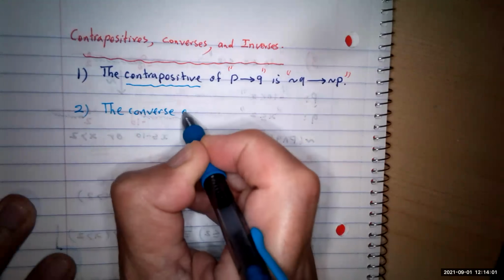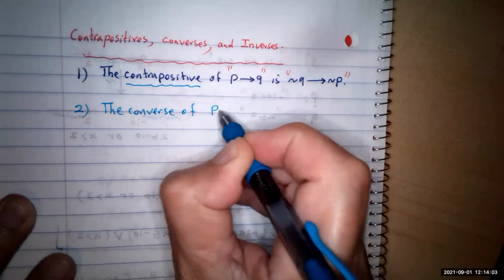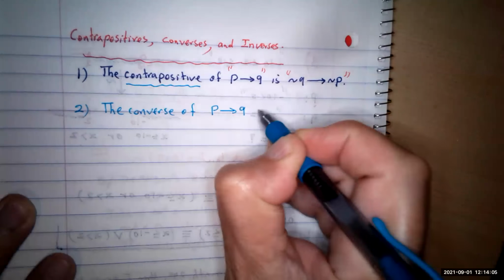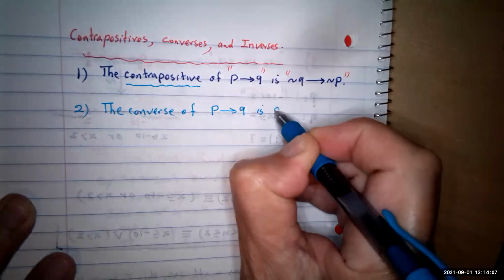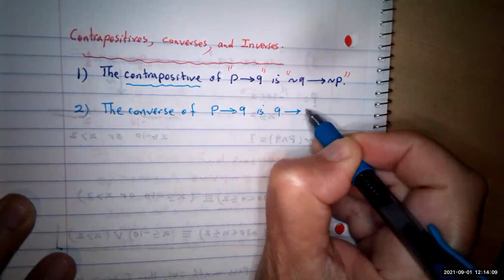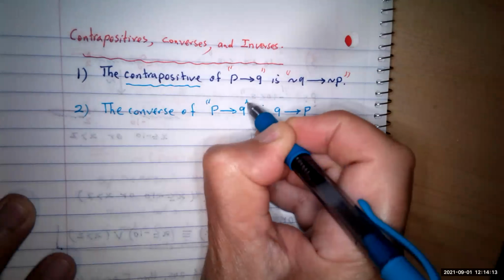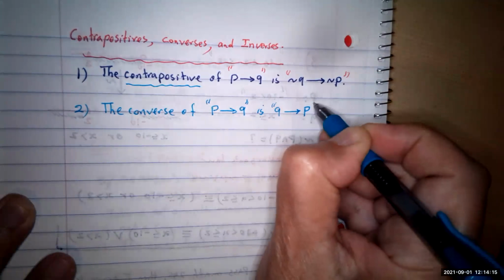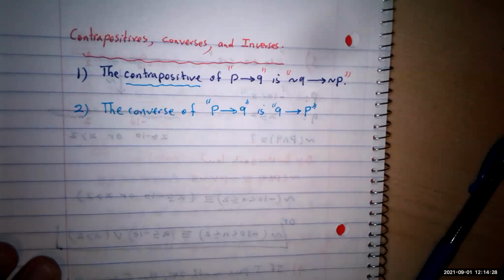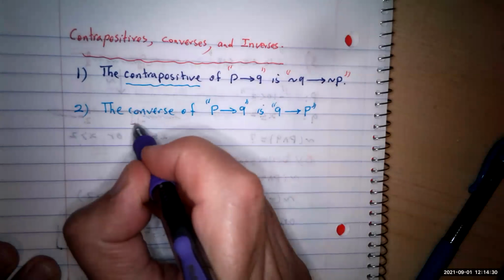The converse of if P then Q is if Q then P. So you switch the P and the Q to get the converse. That's the way we do it in mathematics. It's very easy for you to write it down. You just switch it and you read it. So that was the converse.